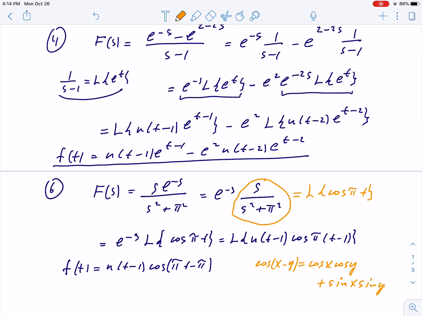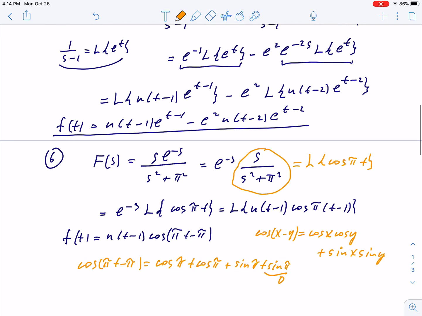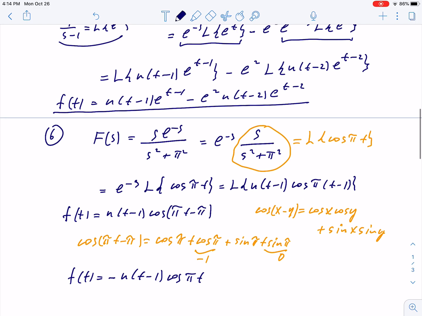With this formula, cosine(pi t minus pi) will become cosine pi t cosine pi plus sine pi t sine pi, and sine pi is 0. Cosine pi is negative 1. And then I can write my answer f(t) this way: negative u(t minus 1) cosine pi t. This is our original.